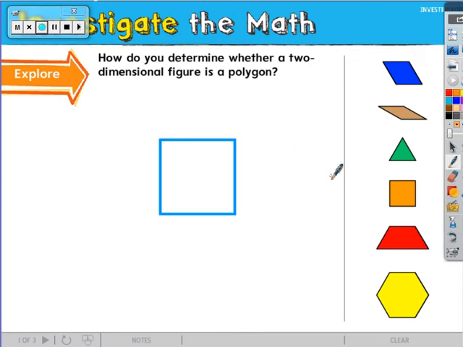It says, how do you determine whether a two-dimensional figure is a polygon? There are 3 criteria that you should remember. 1, are all the sides line segments?